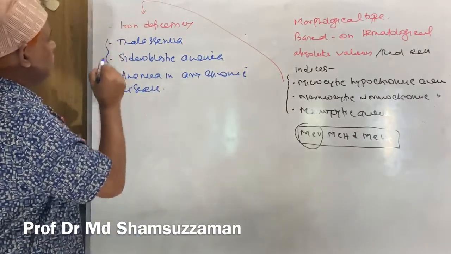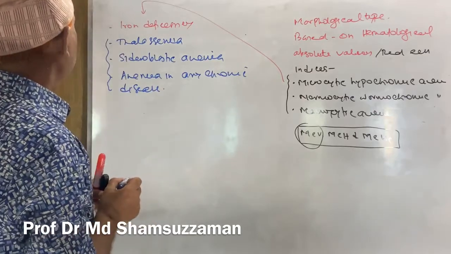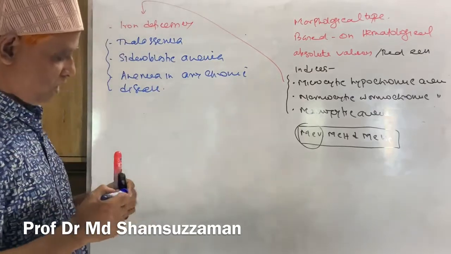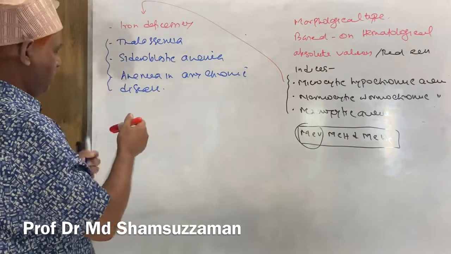So these are the different causes of microcytic hypochromic anemia. Today come to iron deficiency anemia.